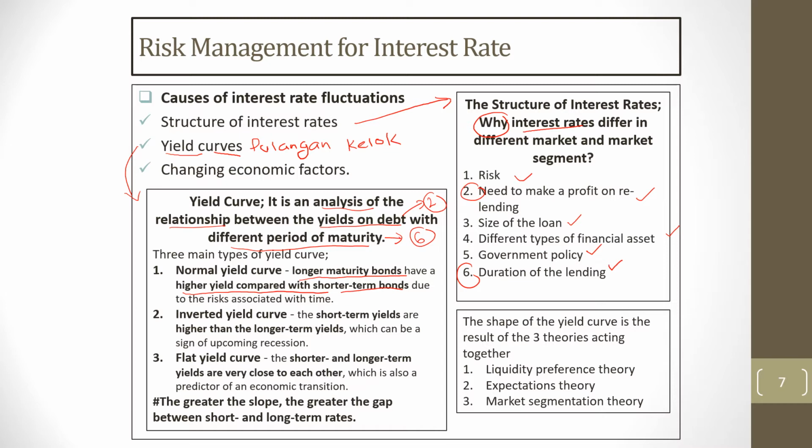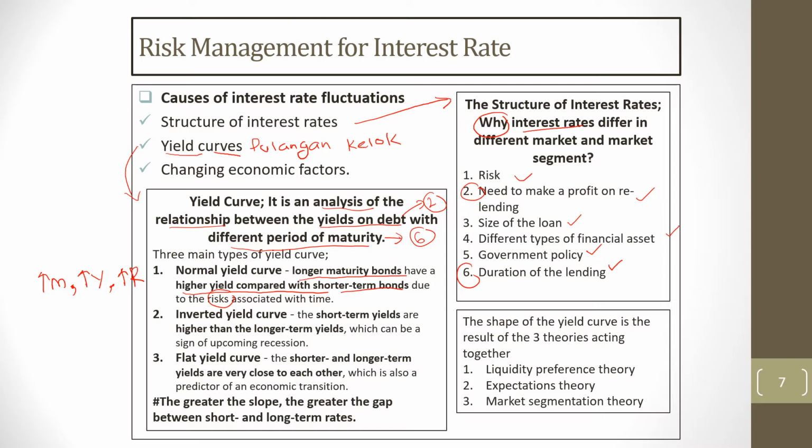So, kenapa dia wujud macam ni? So, the higher the maturity, the higher the yield disebabkan oleh the higher juga risk. That's why ada risk. So, maksud dia bila makin lama tempoh masa bond tu, dia ada higher risk.